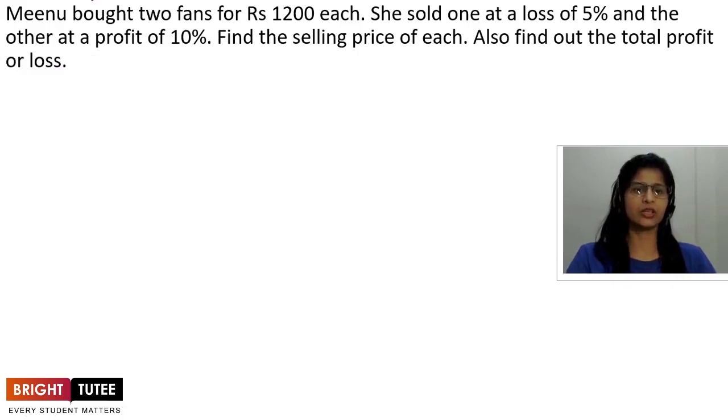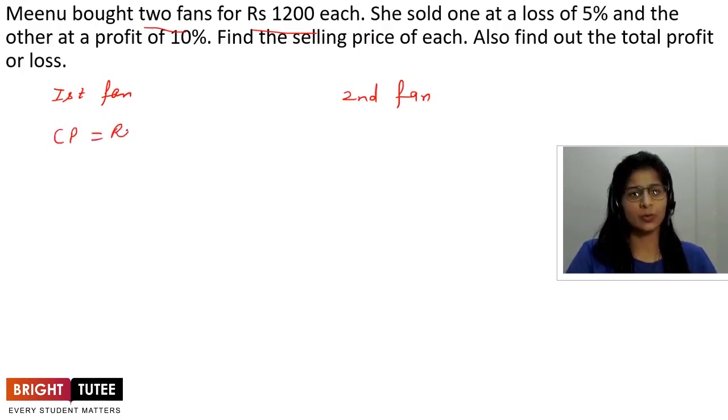So in this question, Minu bought 2 fans, and the price of each fan is rupees 1200. So there are 2 fans, first fan, and let's make the second fan. Both are purchased at rupees 1200 each. So the cost price is rupees 1200, and here also the cost price is rupees 1200.